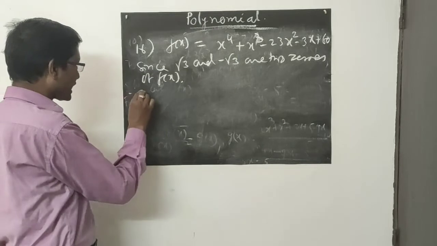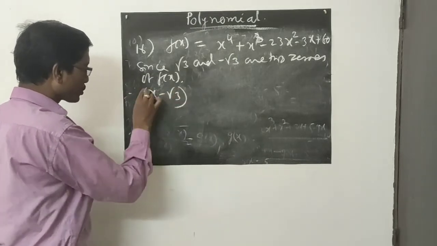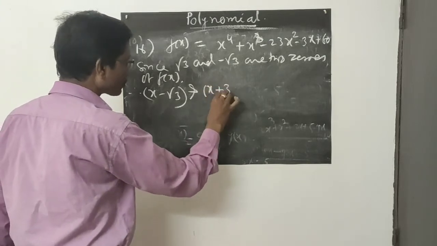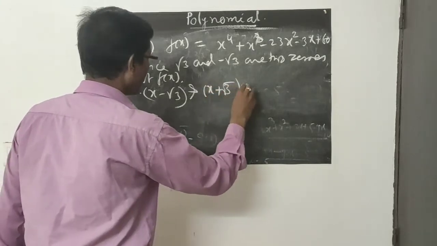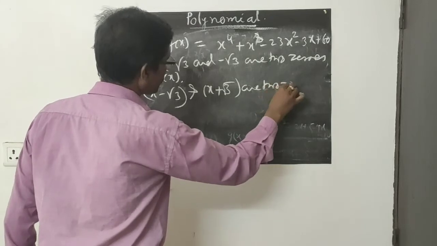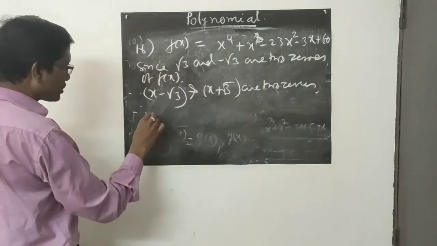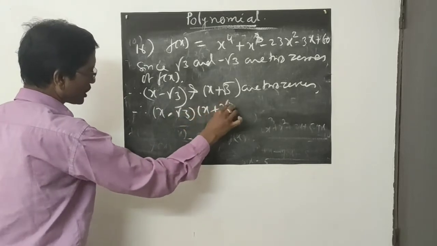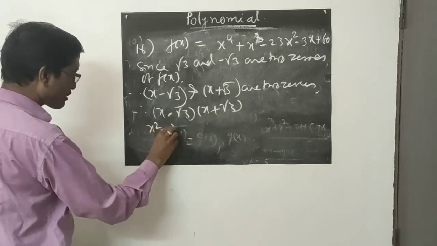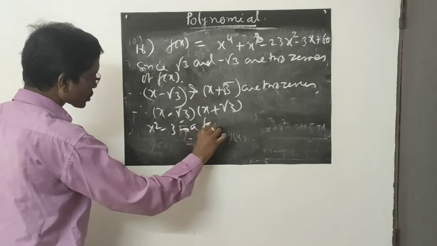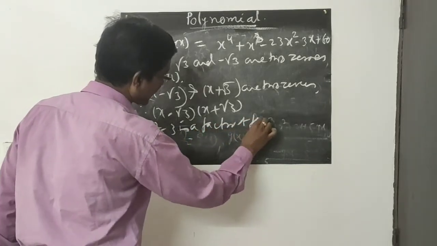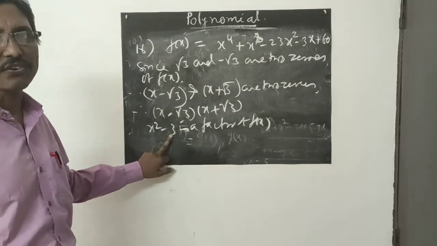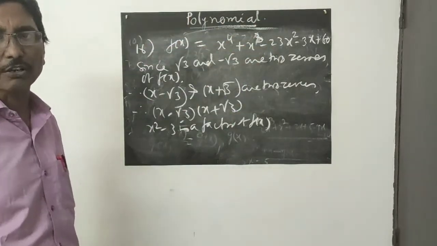Similarly x plus root 3 is a factor for minus root 3. Consequently, their product, x minus root 3 into x plus root 3, so ultimately x square minus 3, is also a factor of f(x).